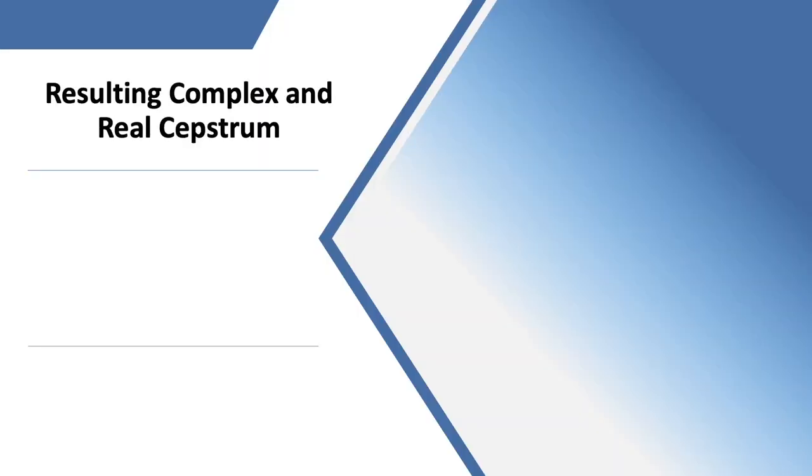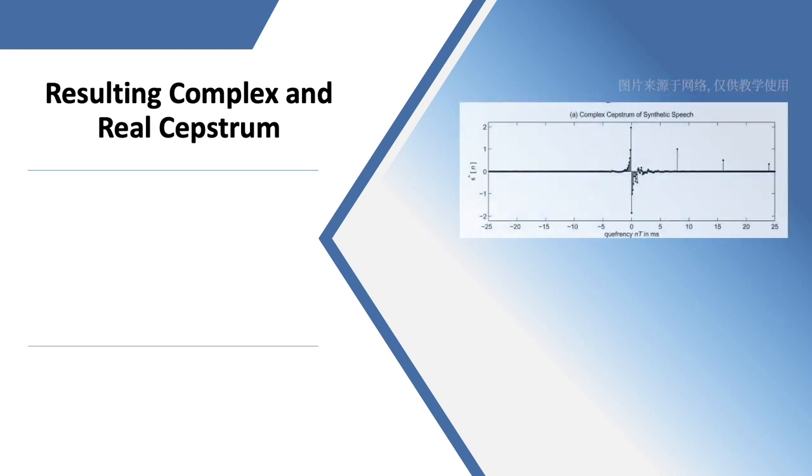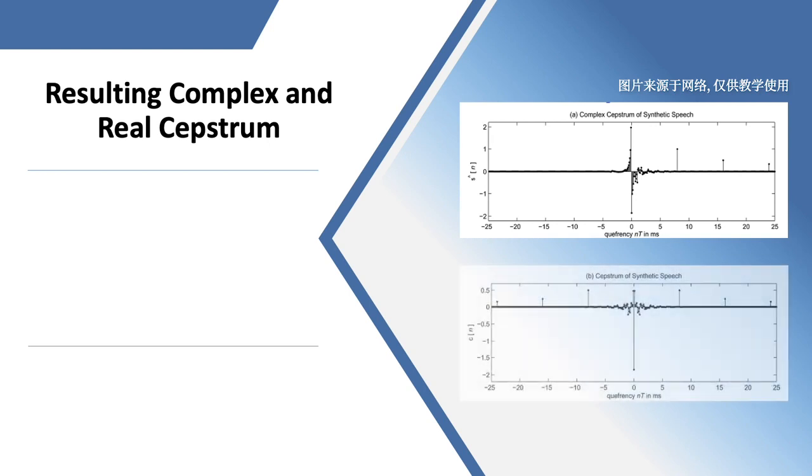The results of complex cepstrum and cepstrum computation lead to a sequence in frequency domain, which has the unit of time. Figure A shows the complex cepstrum of synthetic speech. Figure B shows the cepstrum of synthetic speech.